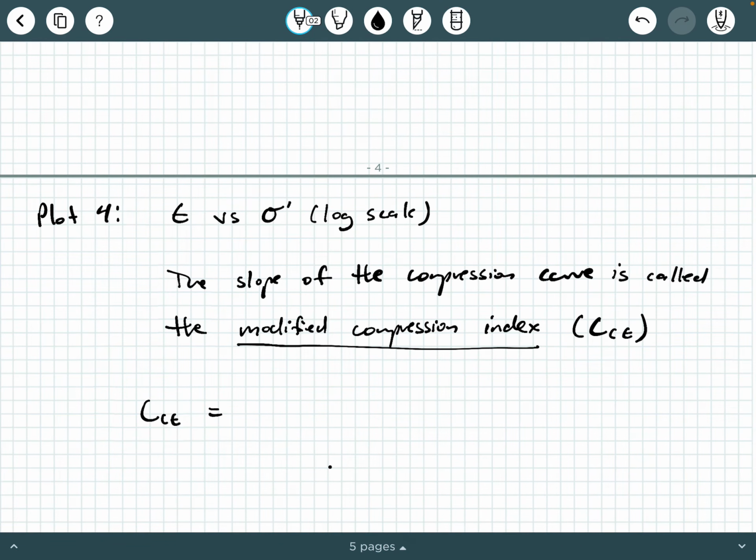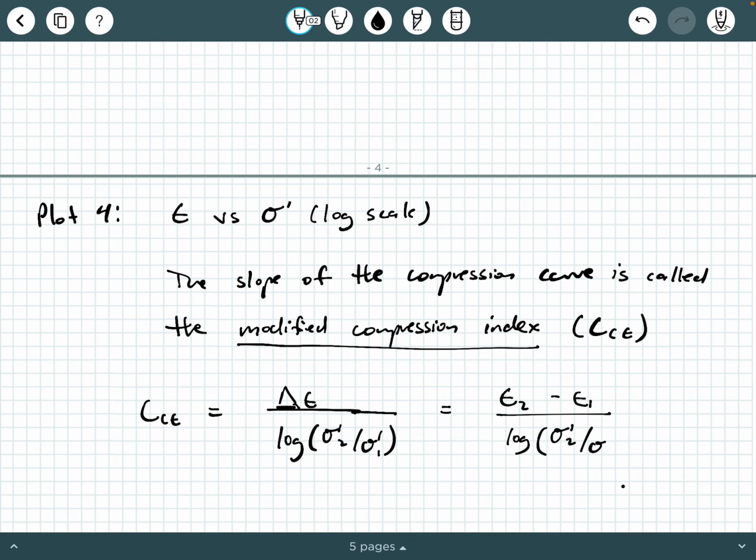is equal to delta epsilon divided by log sigma prime 2 over sigma prime 1. So similar in form to plot 2, okay? And so this is going to be epsilon 2 minus epsilon 1 divided by log sigma prime 2 divided by sigma prime 1.